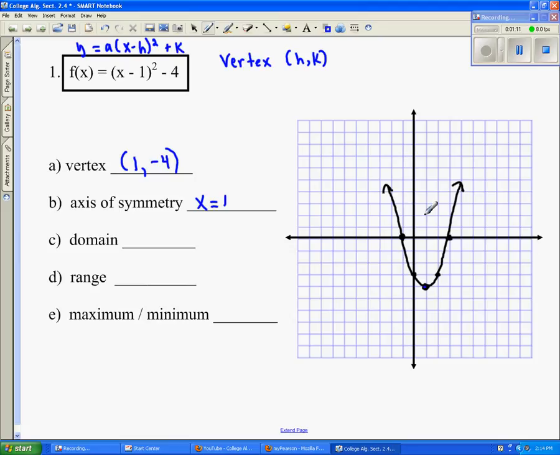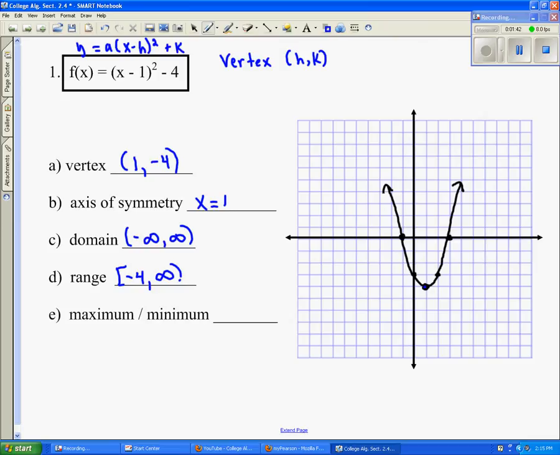Our domain says how far to the left it goes, to negative infinity, and how far to the right, positive infinity. So our domain is negative infinity to positive infinity. Our range says how far our graph goes from bottom to top. So the bottom is at negative 4, which is a bracket, negative 4, and the top of it has arrows on both ends, so it means it goes on to infinity.